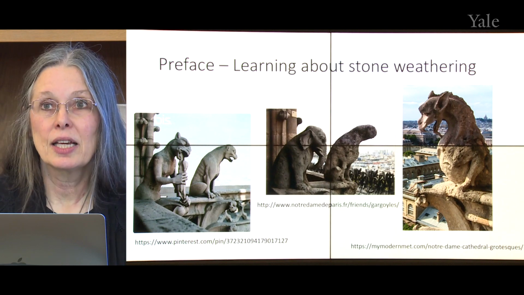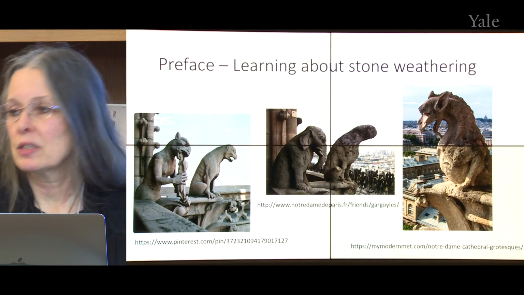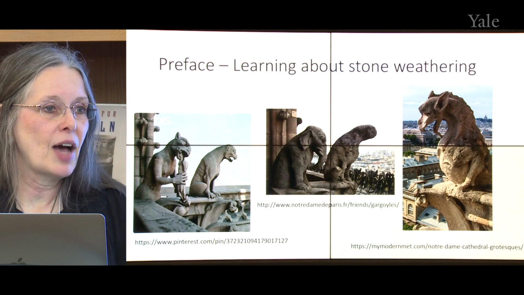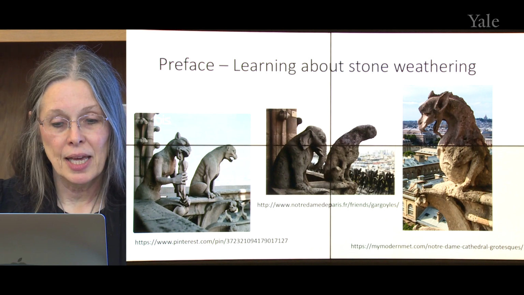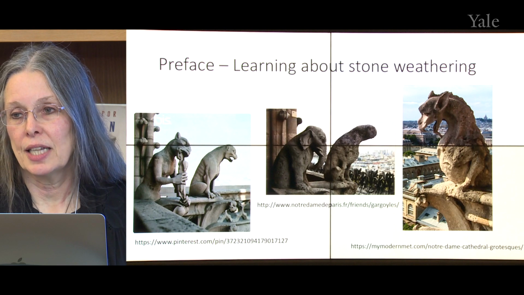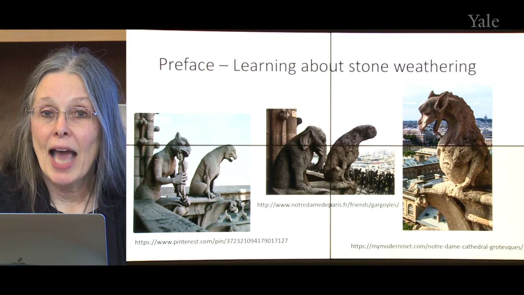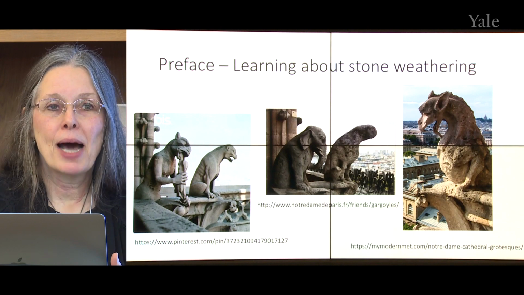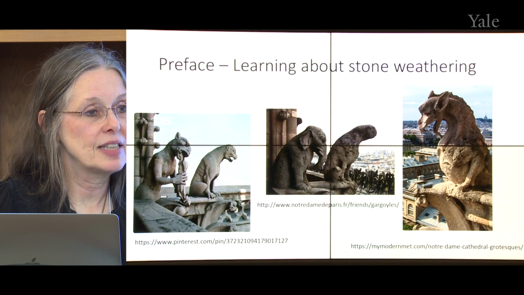One thought for many years is, we can get pictures and scans of objects today, and these are sculptures from Notre Dame. We can see all of the stone loss that there is, and we can estimate the shapes of these. And we can learn something about the stone weathering process by looking at historic photos of the same things.